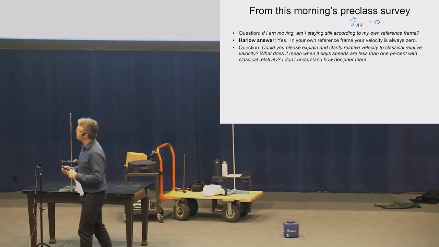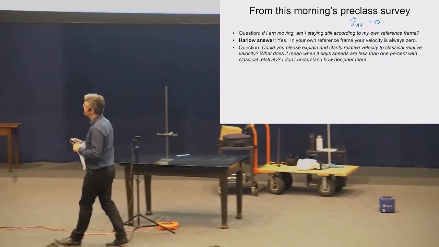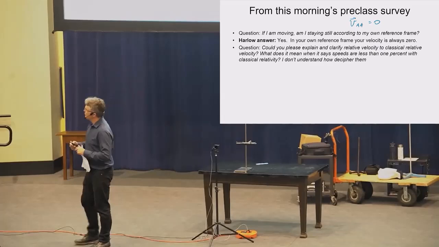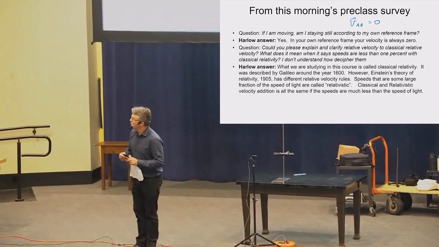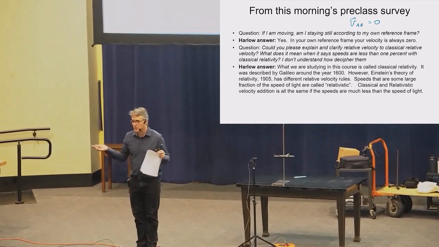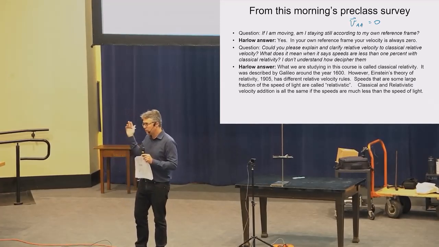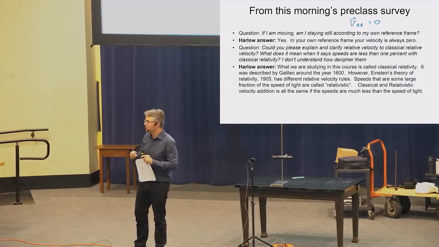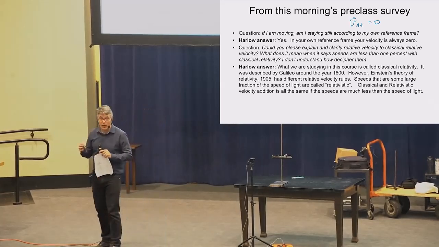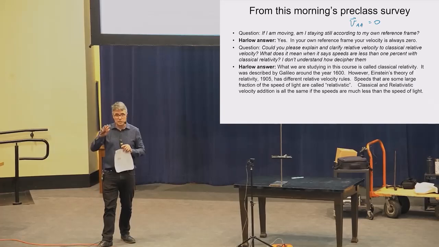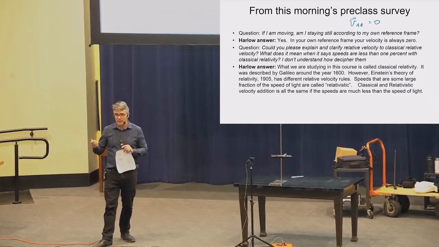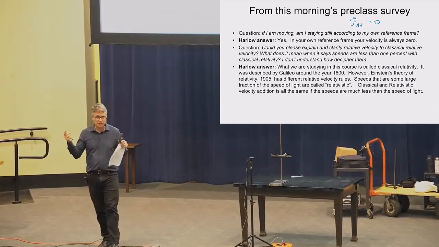Could you explain and clarify relative velocity to classical relative velocity? Something about 1% the speed of light. So basically what we're studying in this course is called classical relativity. It was discovered by Galileo a long time ago, or written down correctly by Galileo. It works really well as long as your speeds are much less than the speed of light, the speed of light being 300,000 kilometers per second.